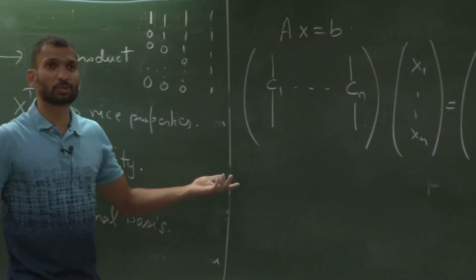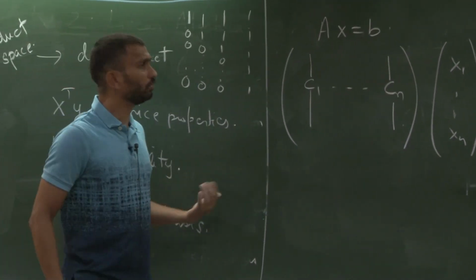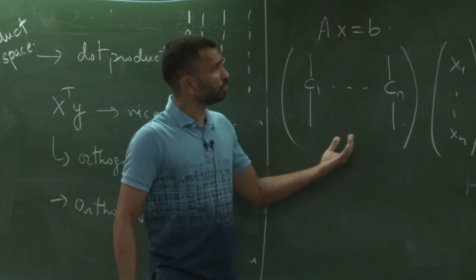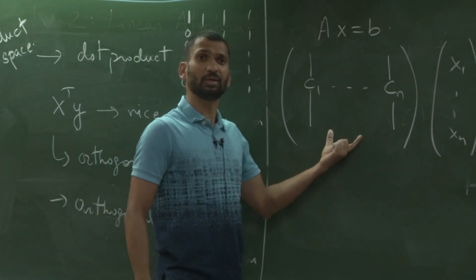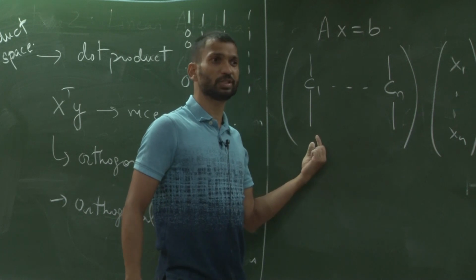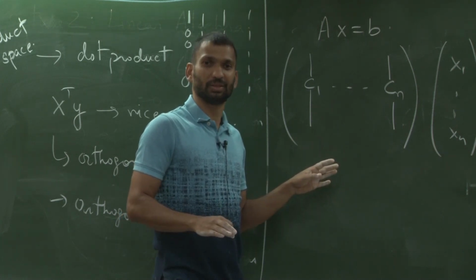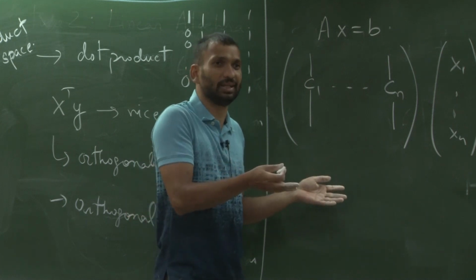Remember, we wanted to solve this problem, and from whatever we discussed, the first thing should be, if we want to solve this, first we should find a basis of the space spanned by C1 to Cn. This might be a good idea, right?